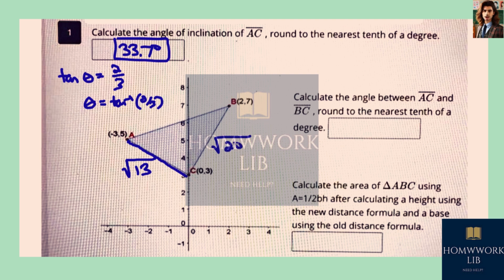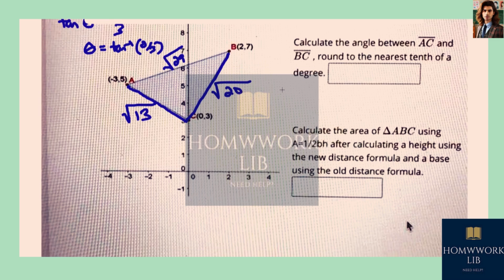exactly. And we might as well do AB as well. Its distance or length would be the square root of the difference between the x coordinates, which is 5 units, plus the difference between the y coordinates, which is 2. So that's 25 plus 4, or 29, the square root of 29 exactly. So we can find the angle between AC and BC using the law of cosines as an approach.